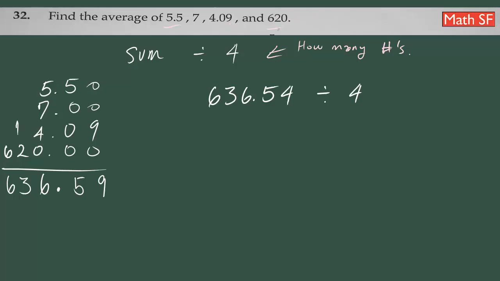That makes 4 numbers. So it's going to be the sum of all of them divided by 4. Now let's finish finding the average. So we must do a division. So let's do this division here. 636.54 divided by 4.